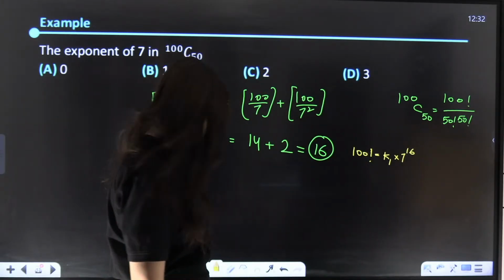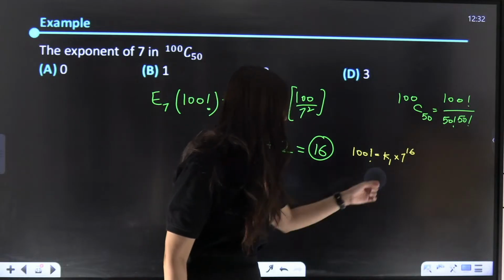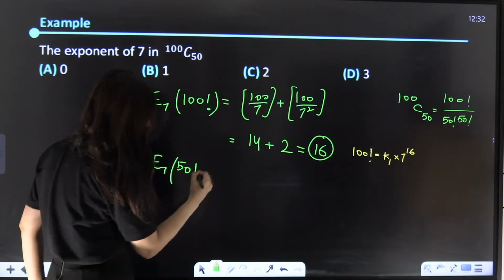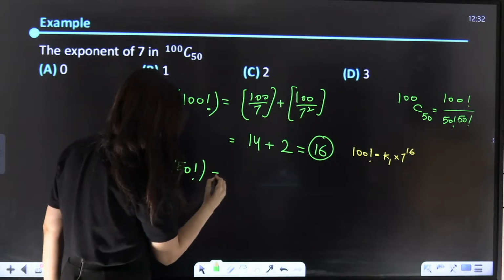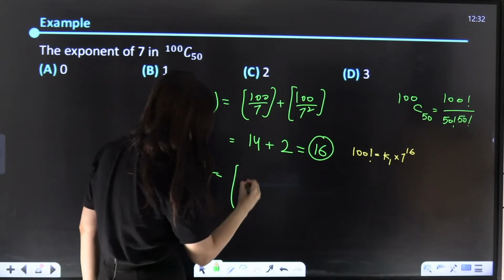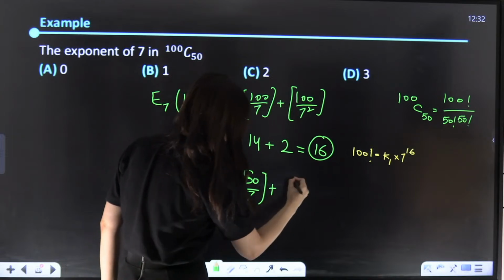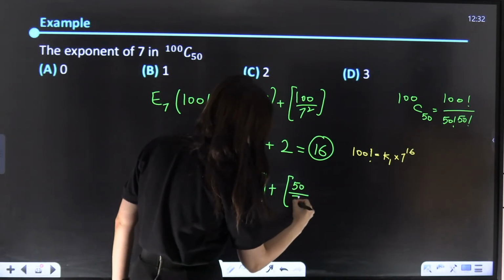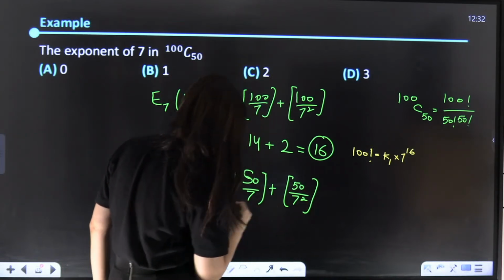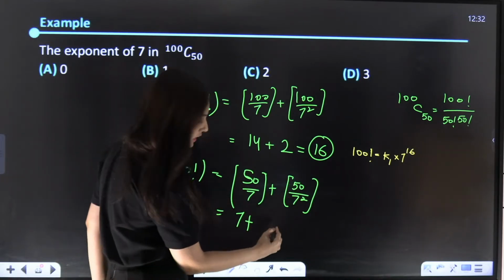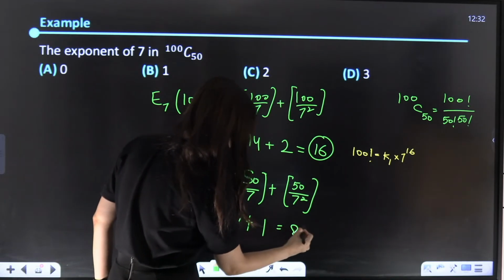Correct? Similarly, we'll count for 50 factorial because we also need that here. So 50 factorial, by the same logic, 50 by 7 plus 50 by 7 square, and we stop here. So 50 by 7, 7, plus 50 by 49, 1, so 8.